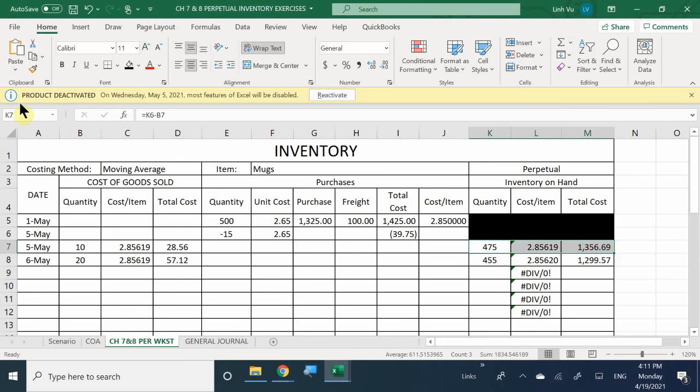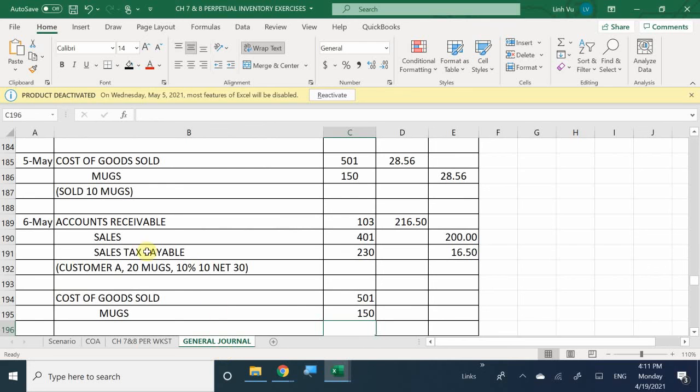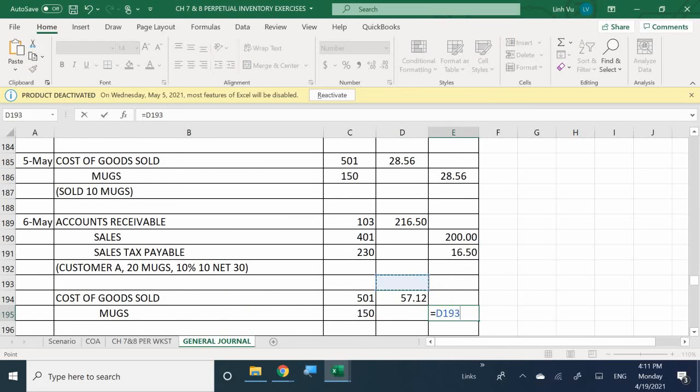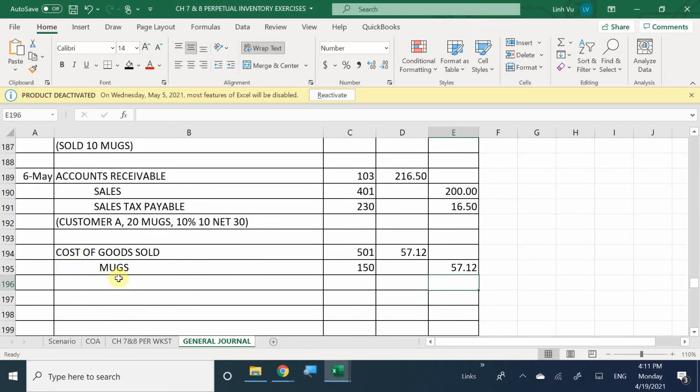Okay. And I'm just going to go ahead and hide this information so it doesn't distract me. Okay. So good. We calculated that we sold a total of $57.12. So now I go to my cost of goods sold. $57.12 is what it cost me to sell 20 mugs.